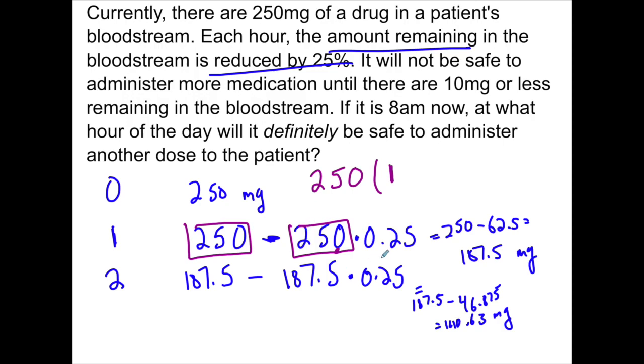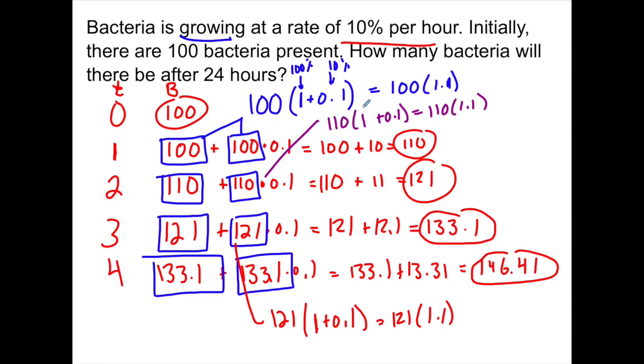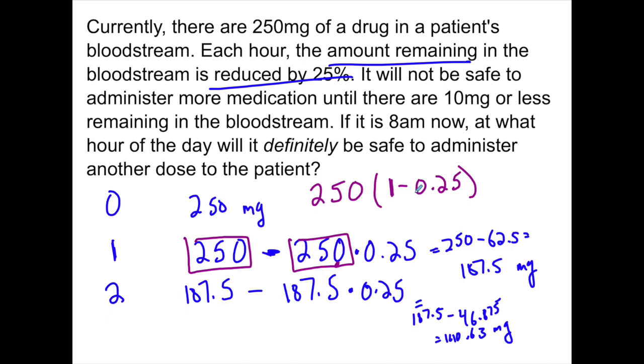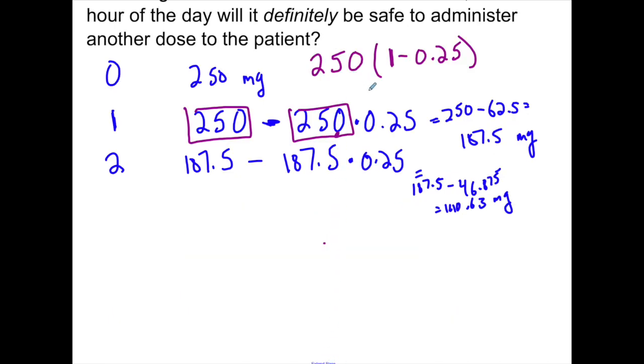What times 250, what happens here? Well, what I get is minus 0.25. So as it turns out, it looks like the same thing, except instead of 1 plus, we have 1 minus. But look, this is equal to 187.5.